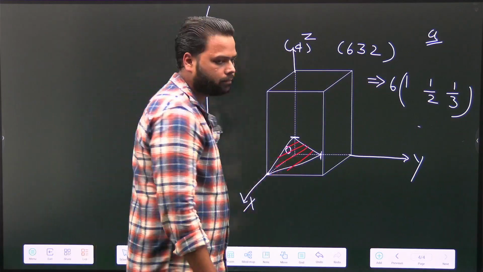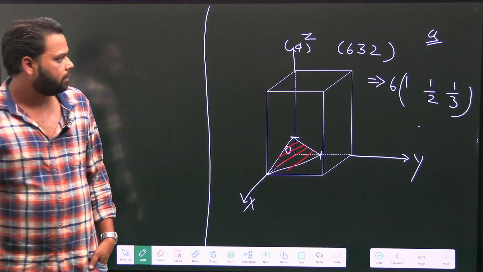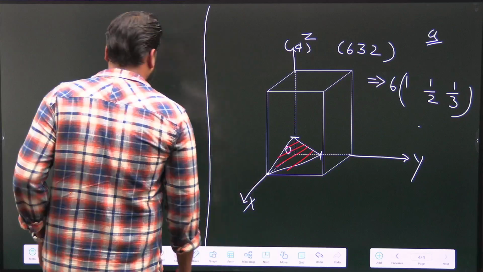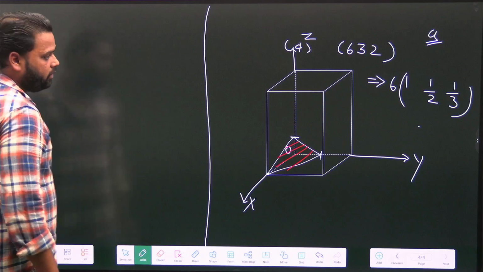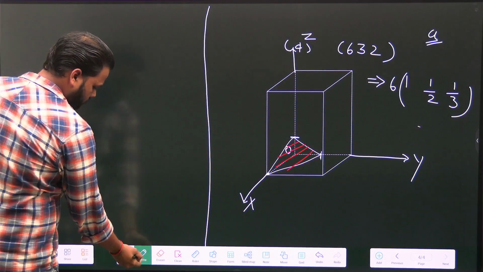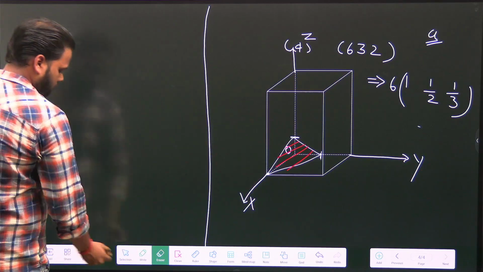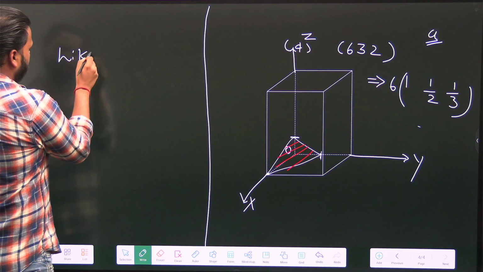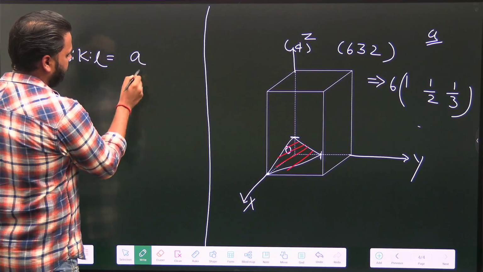ठीक है? अरे निकाल लो. ओके ओके, इंटरसेप्ट निकाल लो जरा. देखो देखो whether you are able to find out the intercept or not. See, A on scale करते हैं ना, तो intercept A, 2A और 3A आना चाहिए. Let's see. H is to K is to L. Okay, lattice parameter divided by the intercept.